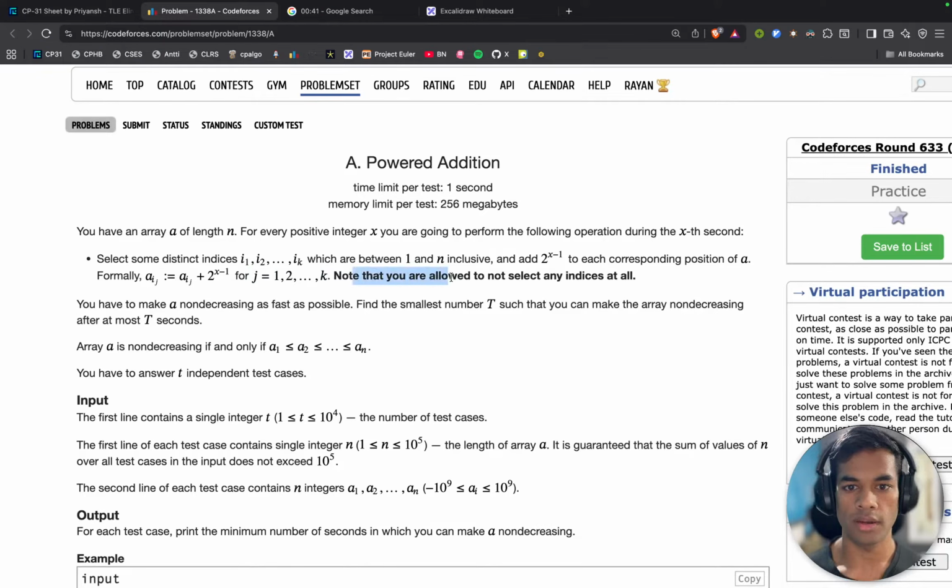Note that you are allowed to not select any indices at all. You have to make it non-descending as fast as possible. Find the smallest number t such that you can make the array non-descending after at most t seconds.